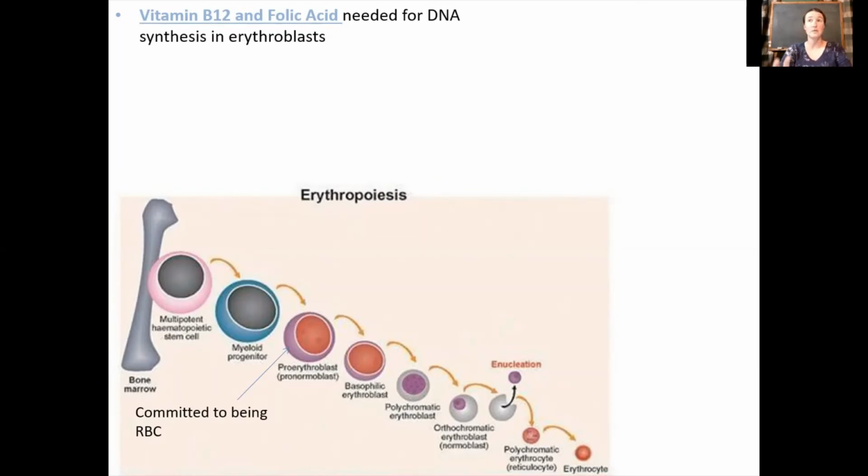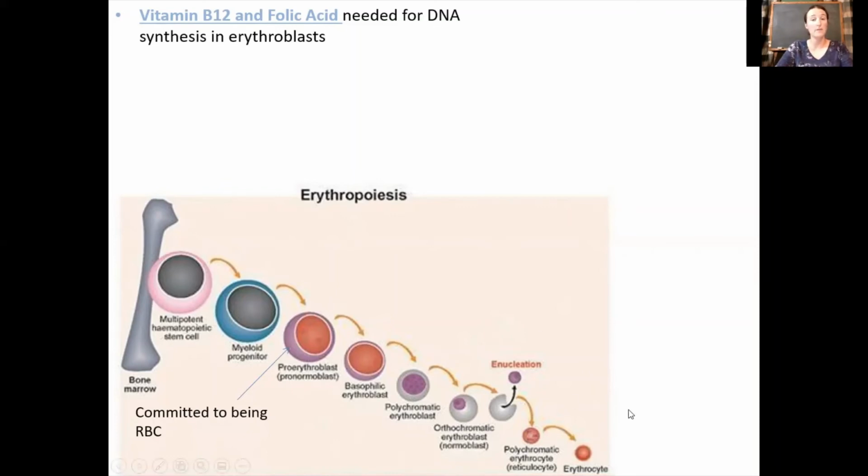B12 is absorbed in your intestines, into your blood, and ultimately into this process. But in order to be absorbed, it requires something from the stomach to be secreted, and that something is called intrinsic factor. We'll talk about that as we go forward, but essentially we absolutely need vitamin B12 in order to synthesize the DNA needed to make red blood cells.